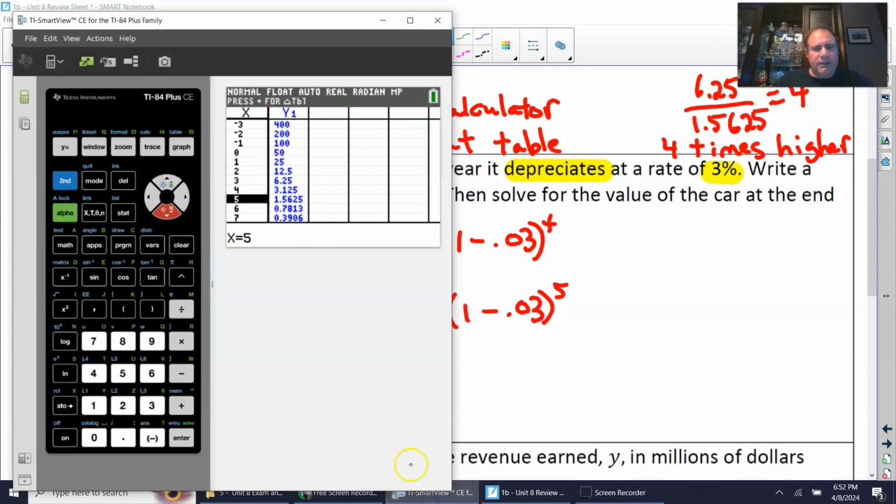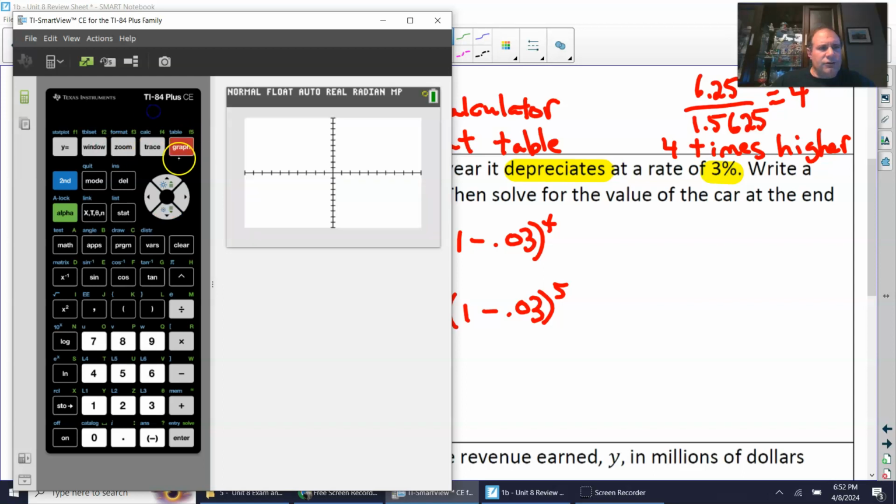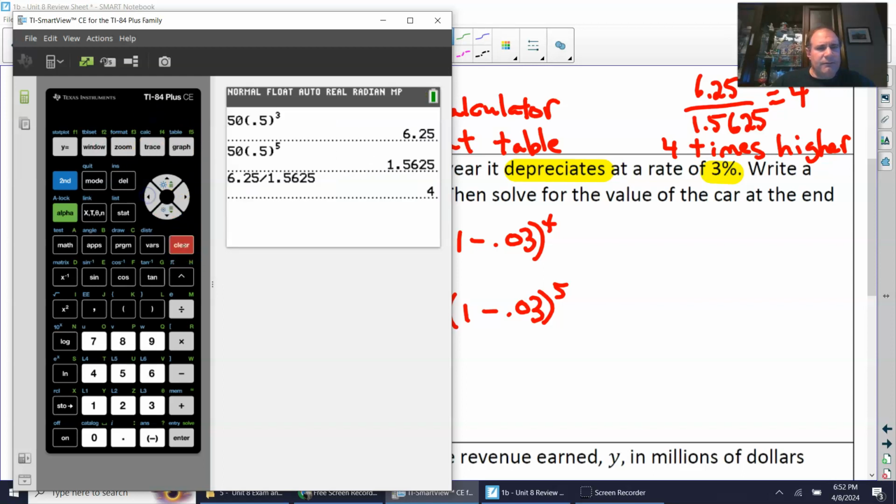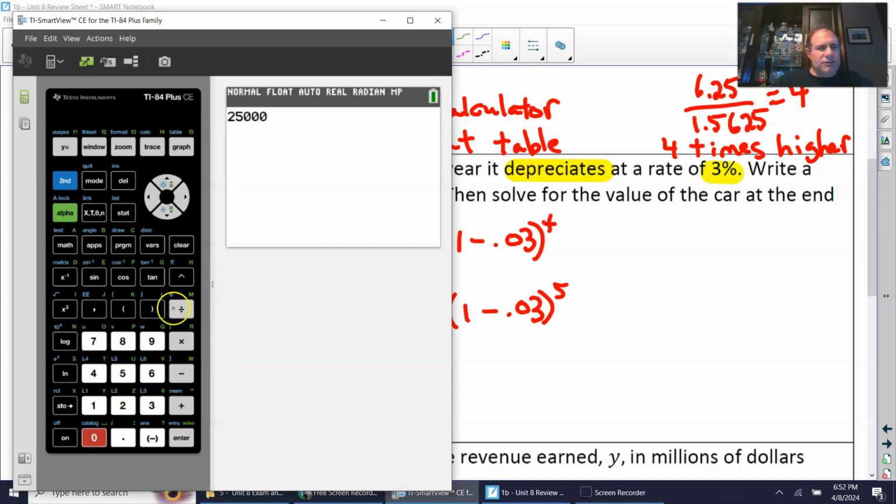We're going to grab the calculator, clear the graph out and clear all those numbers out. 25,000 times 1 minus 0.03, and then to the 5th power. Let's see what that brings.